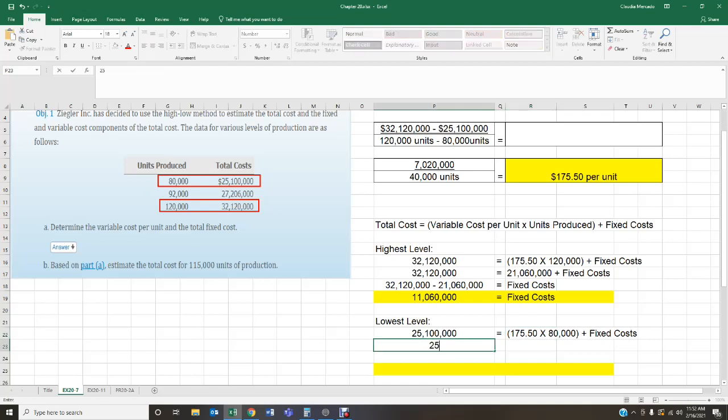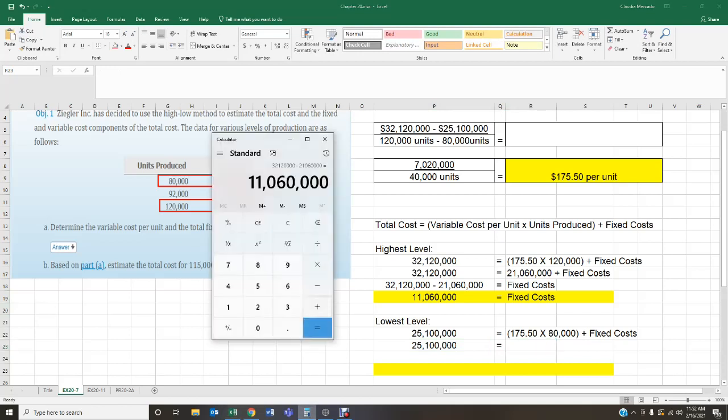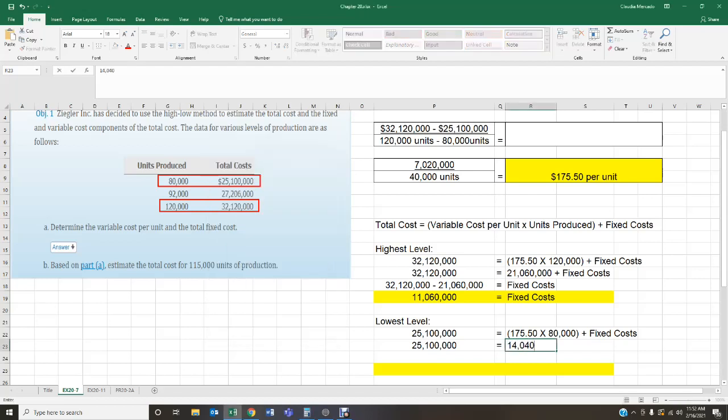So 25,100,000 is going to be equal to, let me get my calculator out, 175.50 times 80,000. That gives me 14,040,000. So that's 14,040,000 plus fixed cost.